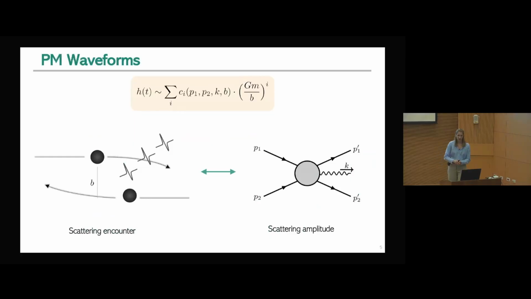So the goal of my talk is to explain how we can get a time-dependent waveform as an expansion in this parameter GM over b. And the very broad idea is we want to solve this classical scattering system order by order in G. And the method to do that is to use QFT as a quantized system, use a Feynman diagram approach to solve this iteratively, and then take a classical limit, map this back to the classical problem, and get this classical waveform observable.